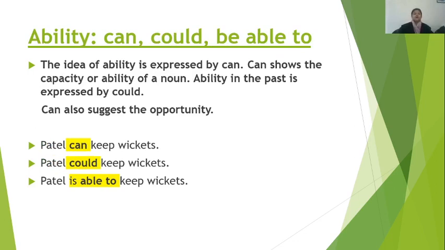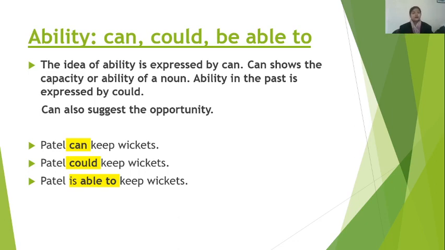Now, my next purpose is ability. Which modal should be used to show ability? So, for showing ability, we use can, could, or be able to. See, children, what is ability?